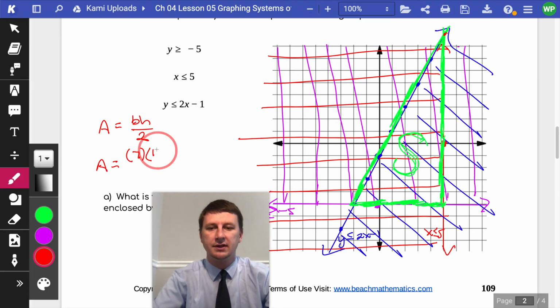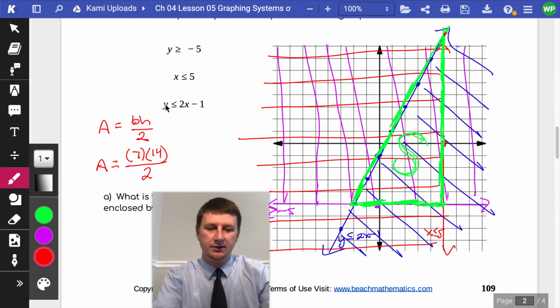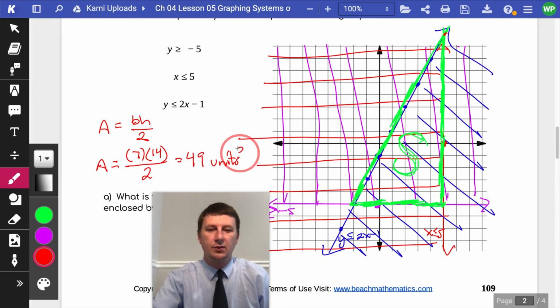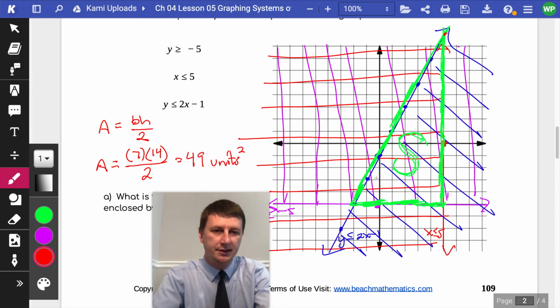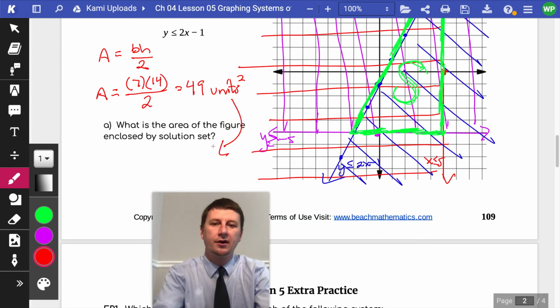So it's going to be 7 times 14 divided by 2. And I believe our answer is going to be 49. We could check that out. So 7 times 14, yes, divided by 2 would give me a solution of 49. But be careful, we need units squared because area is square units. So our area is going to be 49 square units.